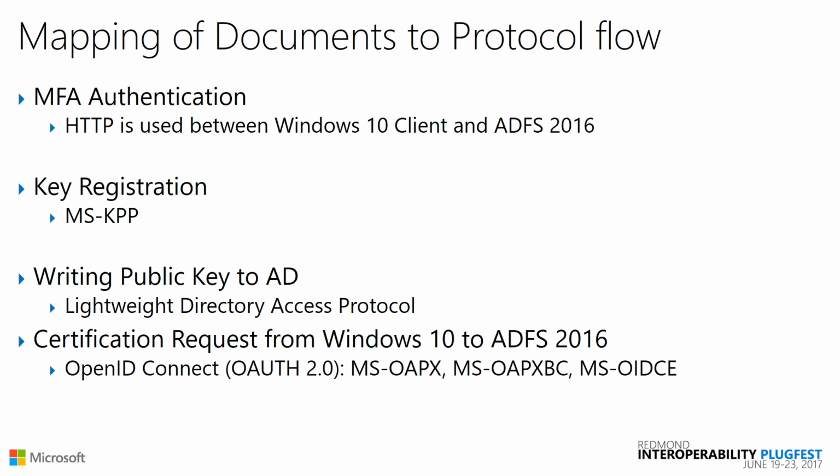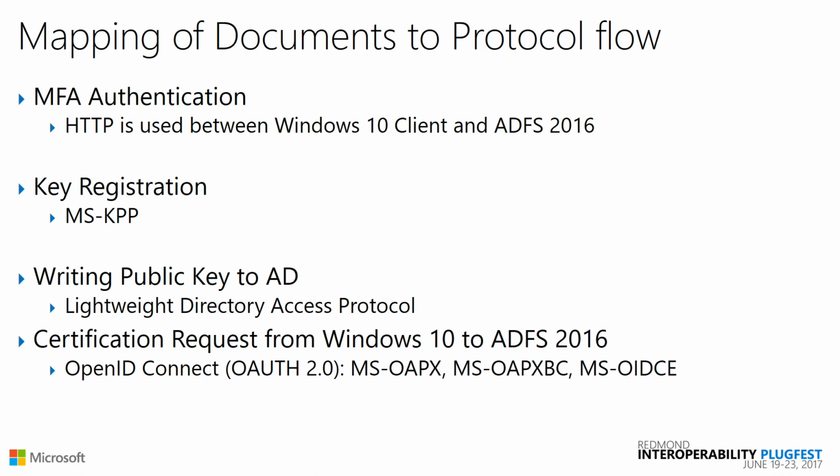Certification request from Windows 10 to ADFS 2016. This is actually where the major changes have happened, because generally in case of PKI, you just directly send a request to a certificate authority which is configured for your organization, and then you receive a certificate.